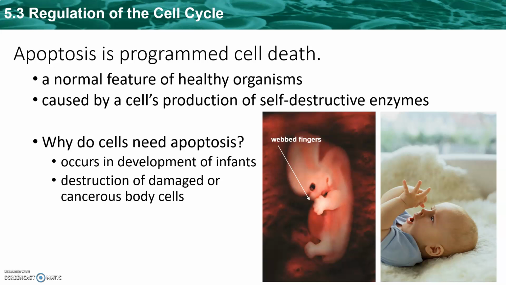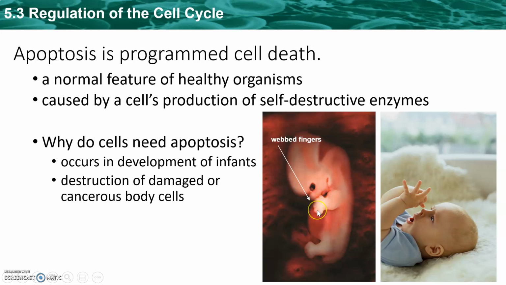And the reason why apoptosis is an important process, first of all, it actually occurs as part of normal development. You can see in this picture here that all of our hands, as we were developing, started out with webbed fingers. But by the time you're born, that webbing has been destroyed.